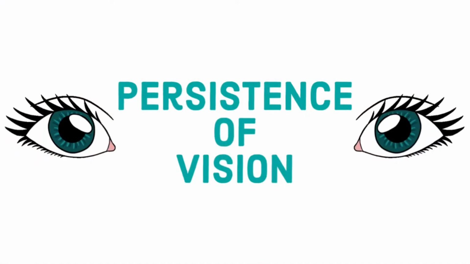But how are we able to take still images and make our eyes see something that looks like it's moving and in motion? One of the key things that happens when our eyes are turning still images into moving images is something called persistence of vision.